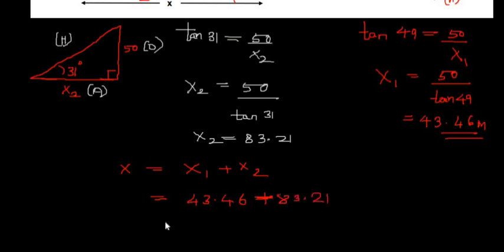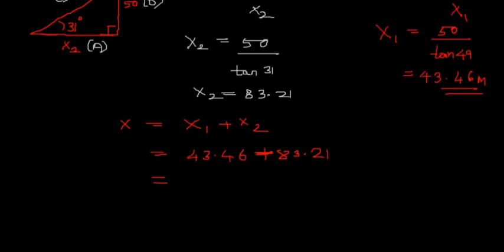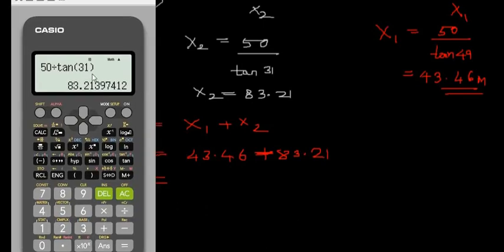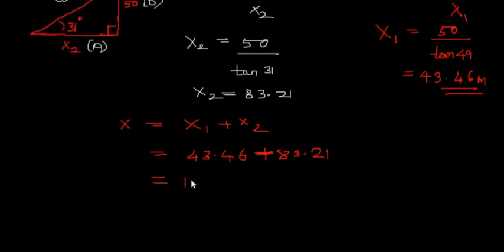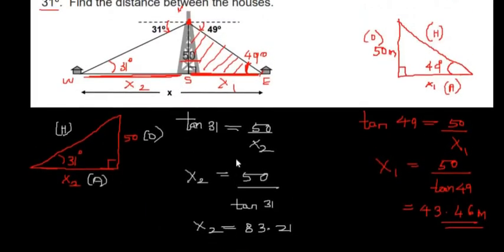When we add them up, 43.46 plus 83.21, we have 126.67. So the answer is 126.67 meters. This is the total distance between the two houses.